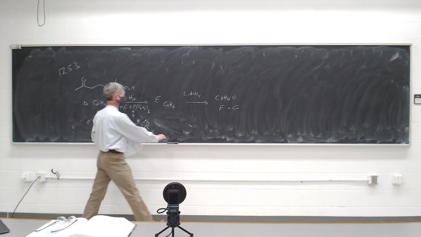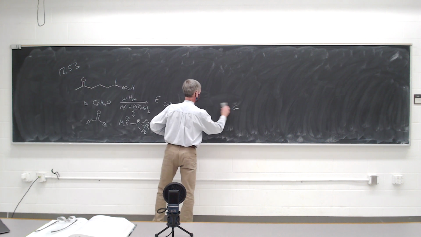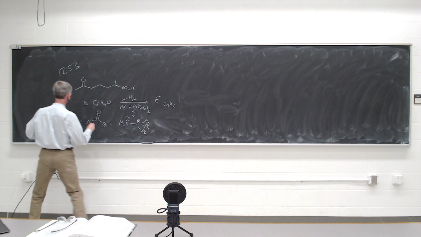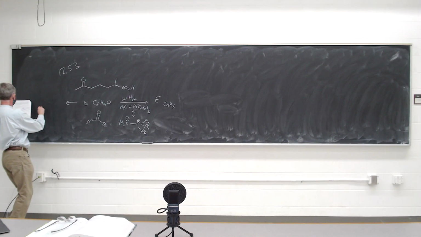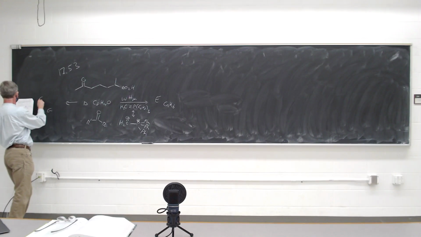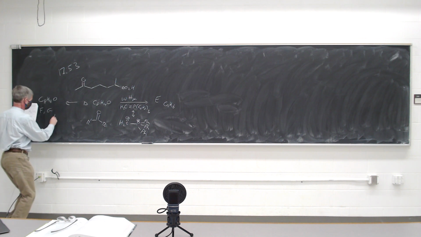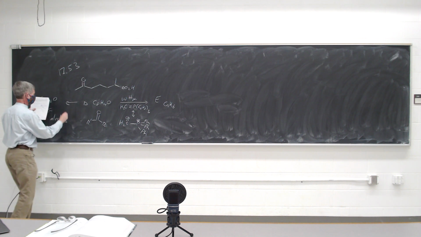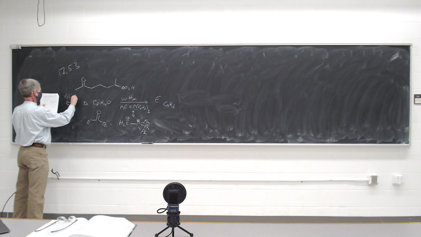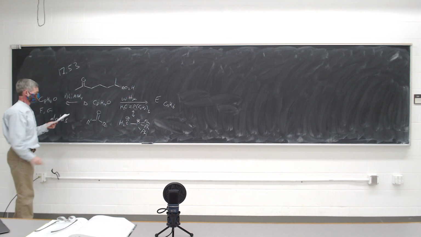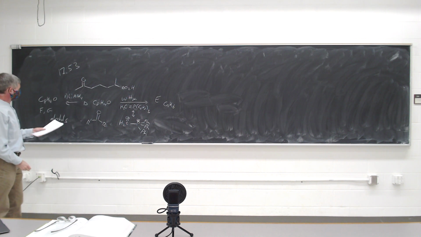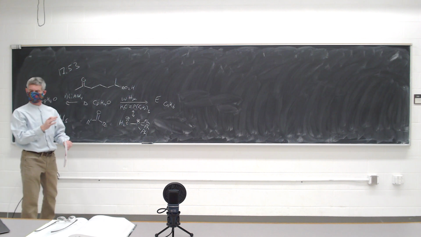Oh, sorry, wait, wrong. This compound D is treated with method D. Those are alcohols. Probably that means this is cyclic.